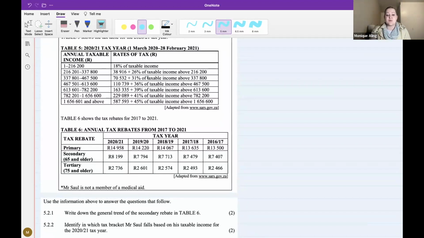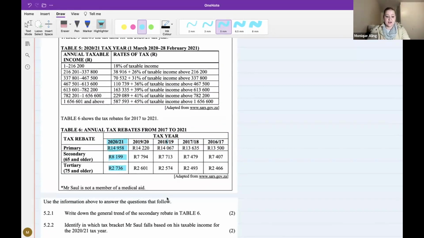So this one looks a little bit different because they've given us so many years, as you can see. It's not that complicated. Okay, they're just giving us a lot more information than we are used to. But all we need to focus on is the year that we are looking at, which is the 2020-2021 year. So we'll just be looking at these numbers over here. So don't let the extra information confuse you.